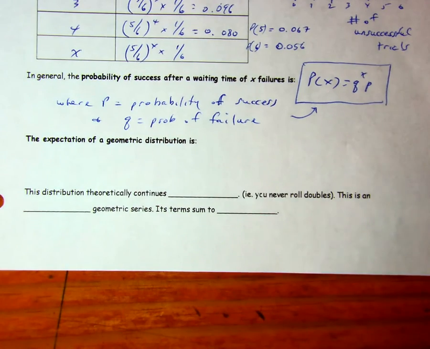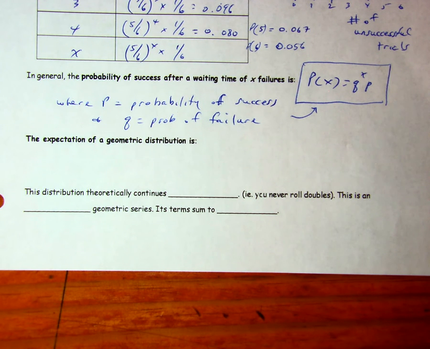All right, so let's just look at this example. The probability of rolling doubles is 1/6. What is the expectation? I.e., how many rolls do you think you would have to roll on average to get a success? Just give me a number.